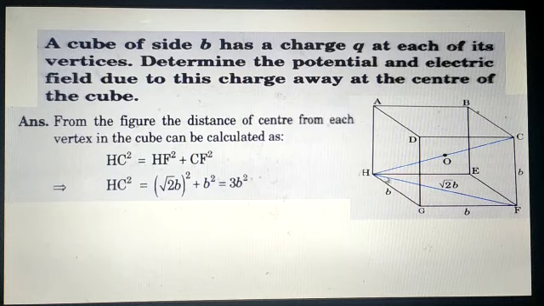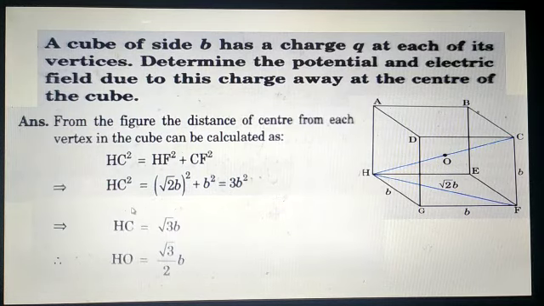So HF is the hypotenuse and will be given by root 2 b. So when we calculate the value of HC square, it will be HF square, that is root 2 b square, plus this b square, so it is 3b square. So HC will be root 3 b. So HO is half of HC, so it is root 3 b by 2. So the distance R from the charge to the point O is root 3 b by 2.